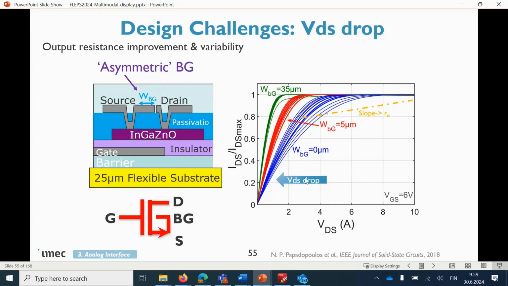So you need less VDS. In this case, for example, the green curves need 2 volts only for this current source to work compared to the 7 volts that you need in the blue case, because that is where the current is stable. If you go lower, you will see that the current will fluctuate, which you don't want from the current source. You want the current source to have a stable current.